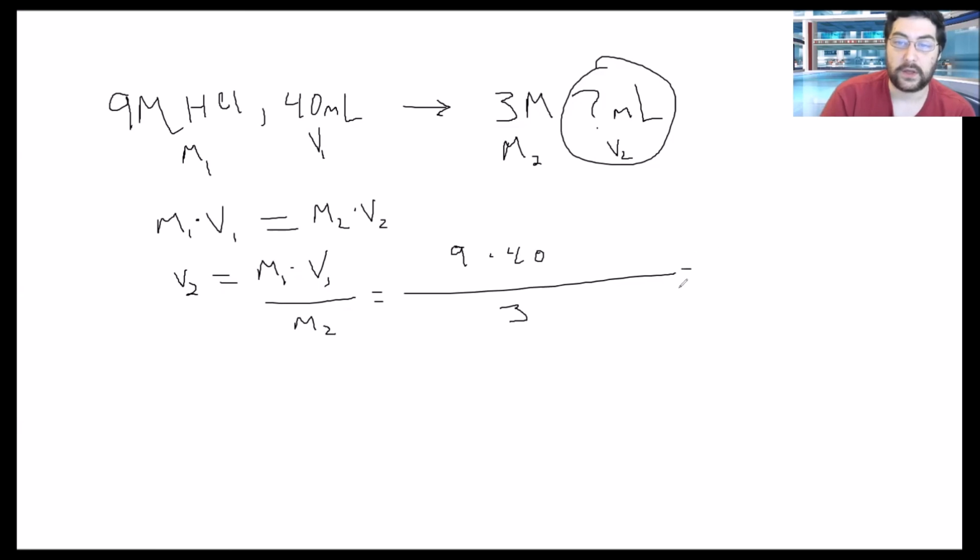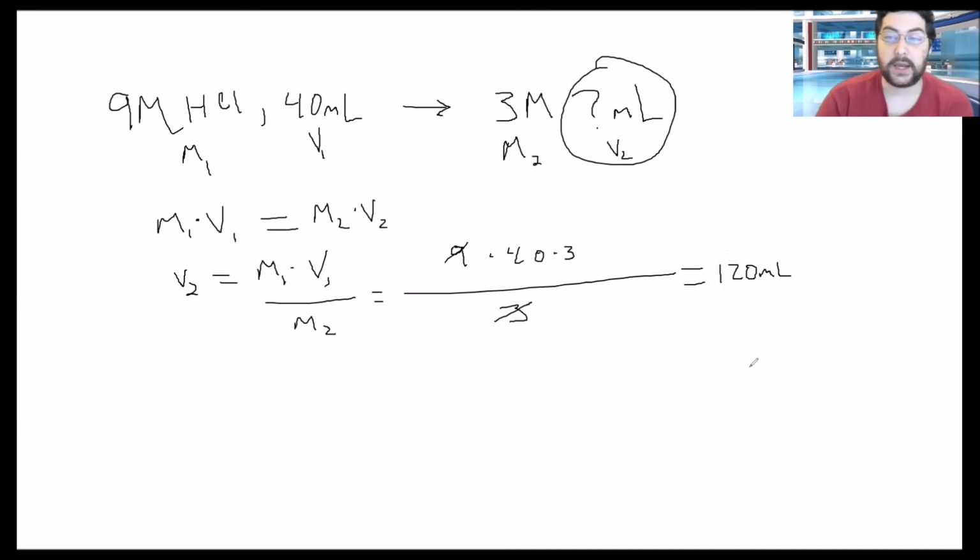So y'all can go ahead and type that into your calculator. 9 divided by 3 is 3, so it's basically like multiplying 40 times 3. So 120. So we should get 120 milliliters is what we would be able to make.